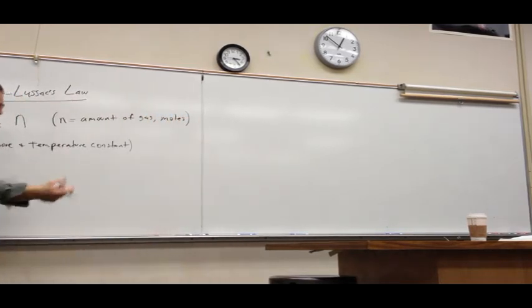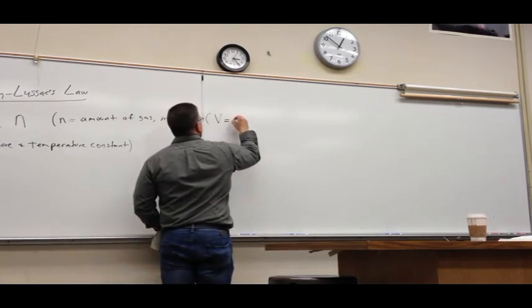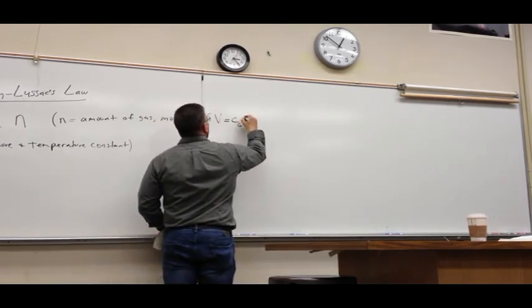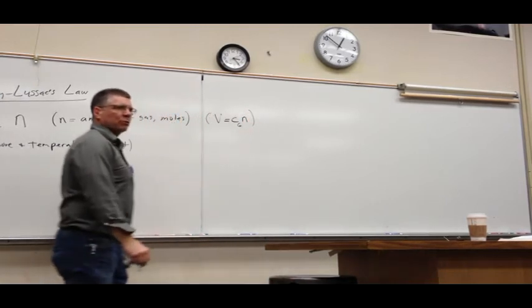The symbol we use for the amount of gas is n because usually we're talking about moles. So as long as the pressure and temperature are held constant, there's a direct proportionality between volume and amount. Or, volume is equal to some constant times the number of moles.